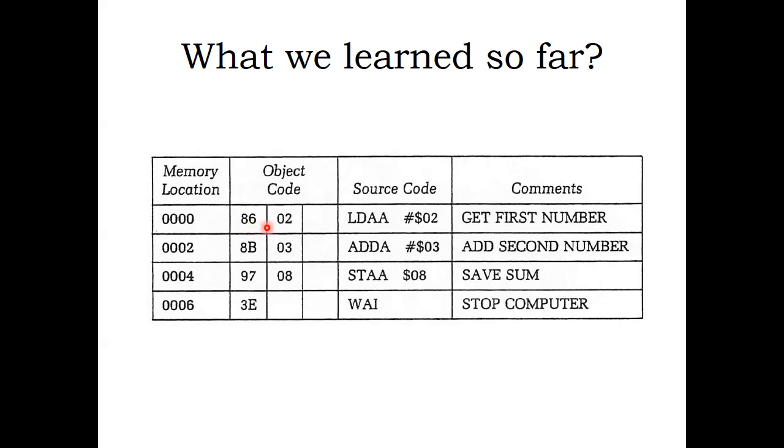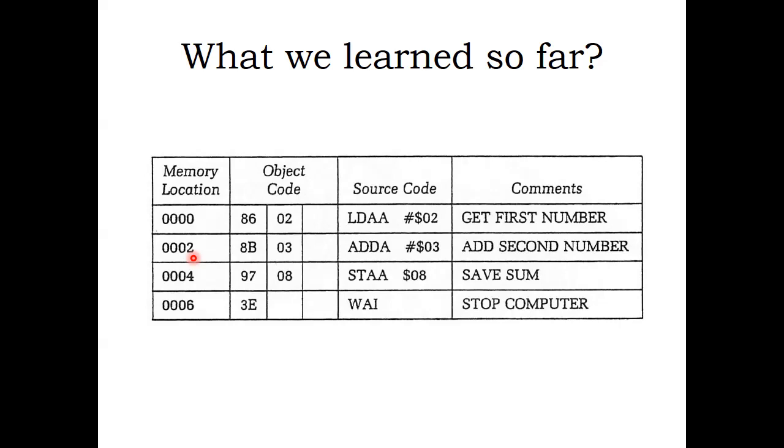So the address of 86 is 0000, but the address of 02, the immediate next byte, is 0001, because it always goes in sequence. The following address, the address of 8B, is 0002, which is also the address of the second line, because anytime we say the address of the second line, we mean the address of its first byte.